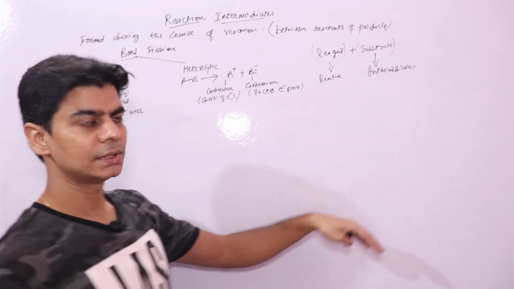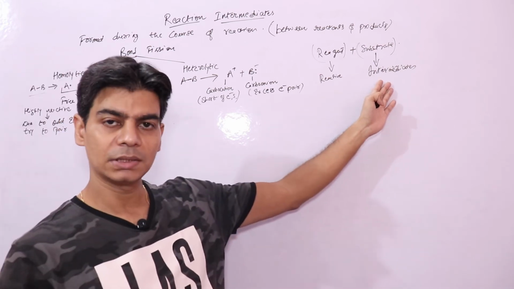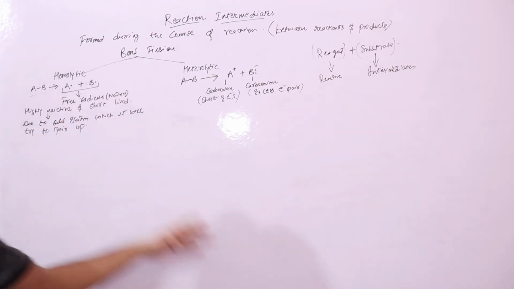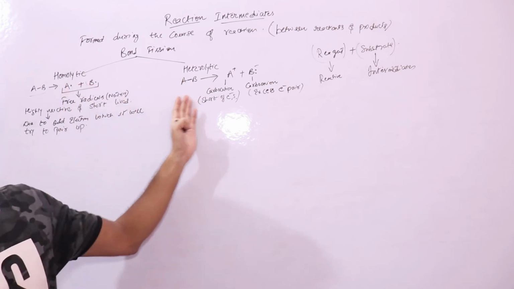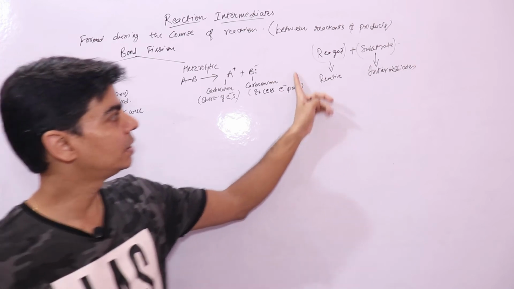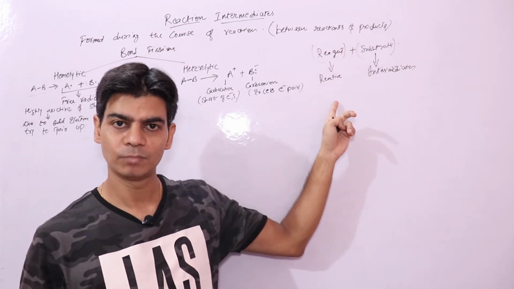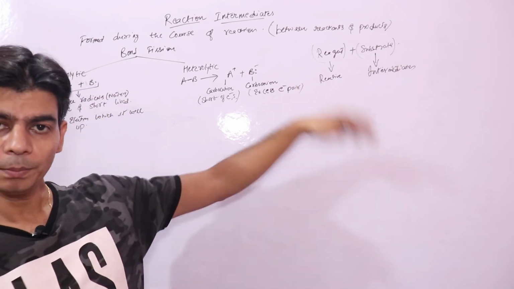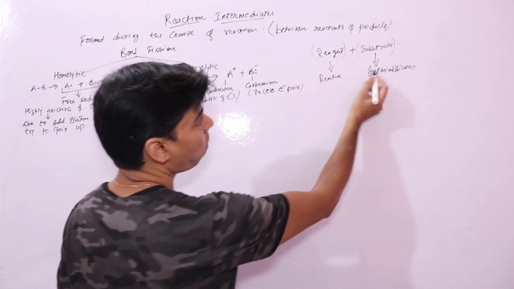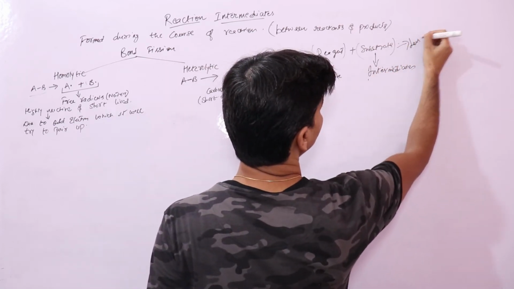So mostly you will see that when a reaction is taking place, the substrate, that is an organic compound, will break homolytically or heterolytically to form the reaction intermediates, and this reaction intermediate would immediately be attacked by this reagent to form products, because this substrate initially is less reactive.